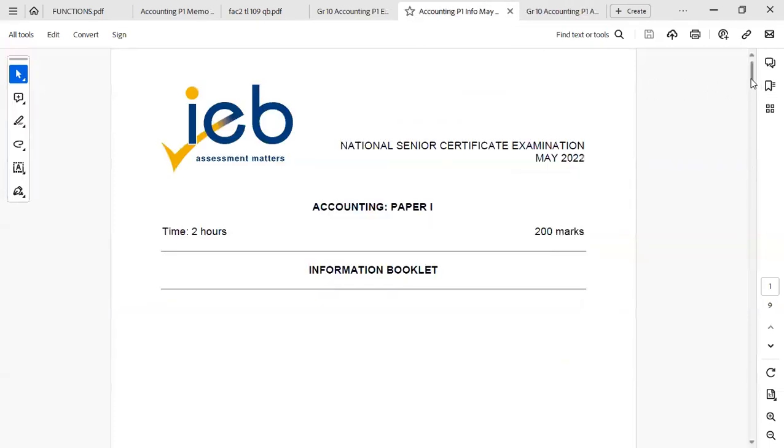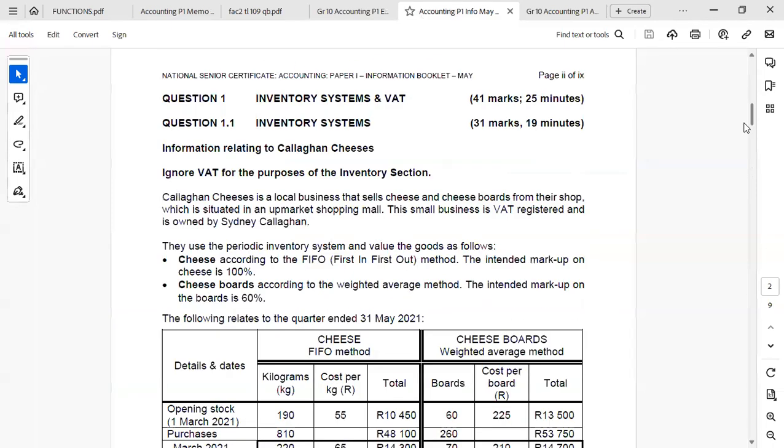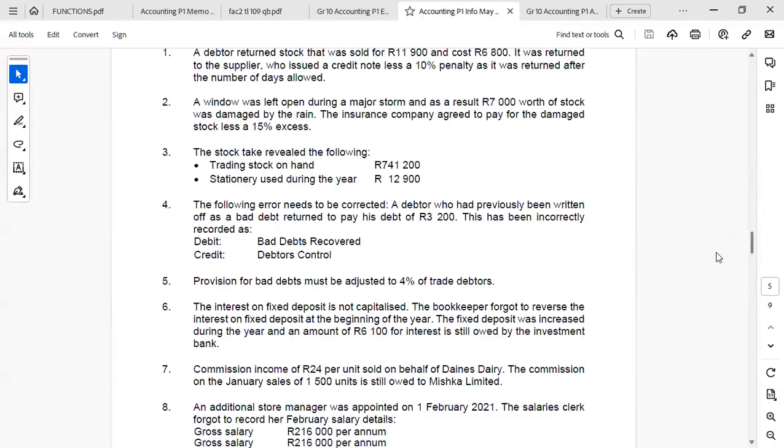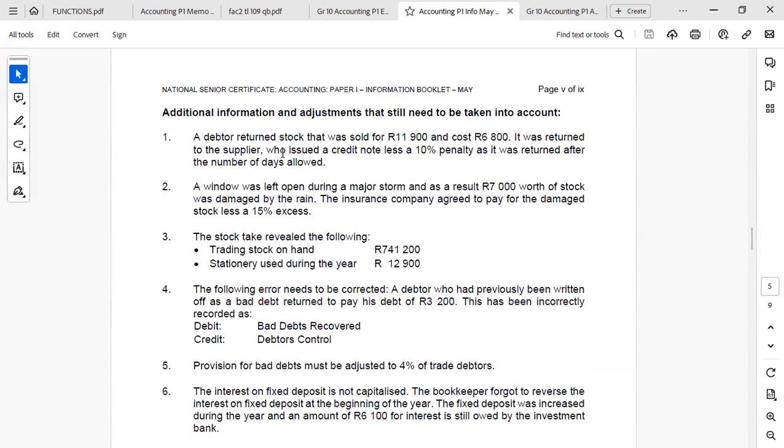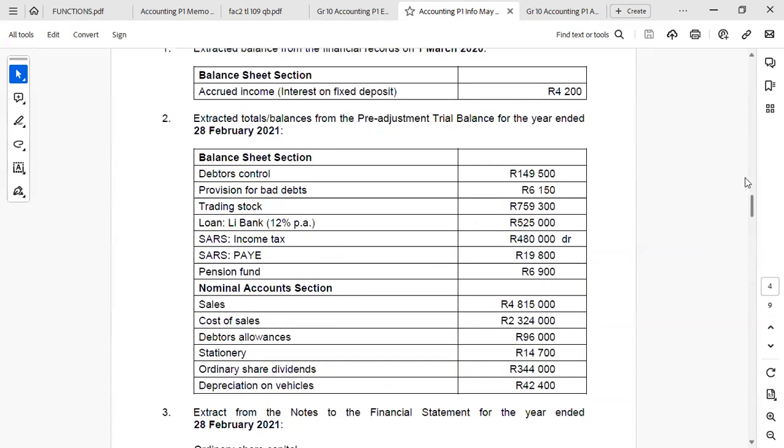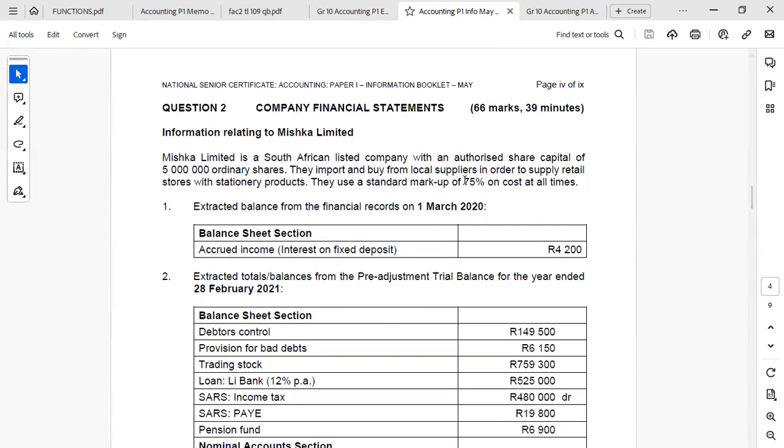I've got this May 2022. What are they saying here? This one is all about the return of stock. And obviously when goods are returned, this 11,900 will have to be minused from sales because it's debtors' allowance. Let's say you were not given that cost price. How are you going to get it? Please know that if you were not given the cost price, they would have given you a markup, which is 75%.